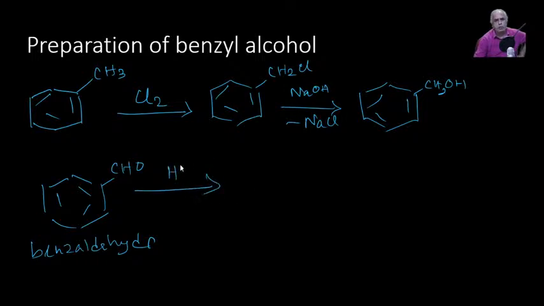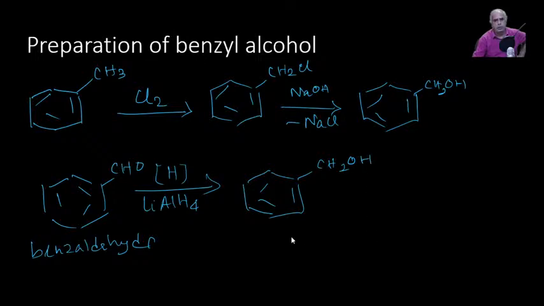On reduction using lithium aluminum hydride, you are able to get CH2OH. What is that? Benzyl alcohol. Other reducing agents can also be used, like zinc, HCl, etc. You can also use sodium amalgam.